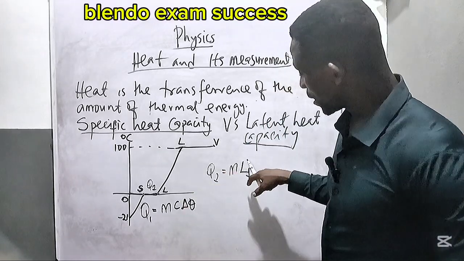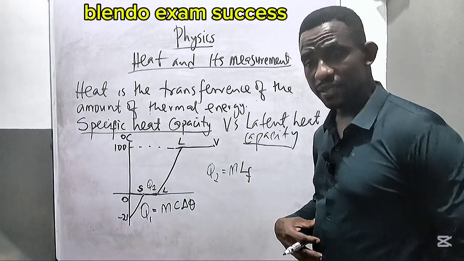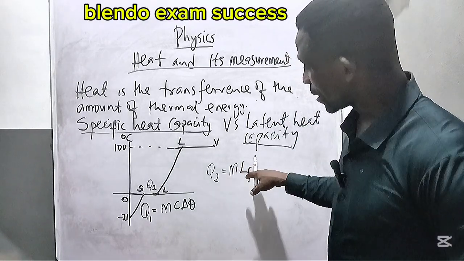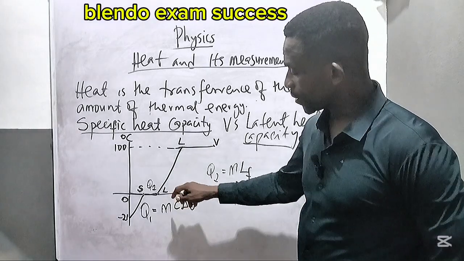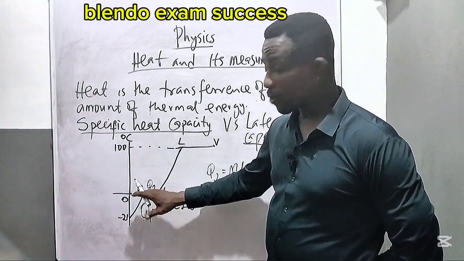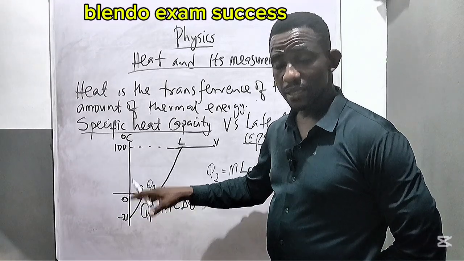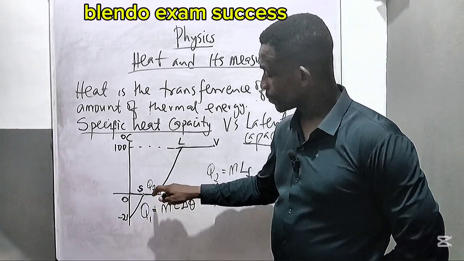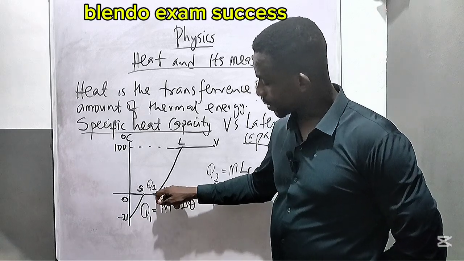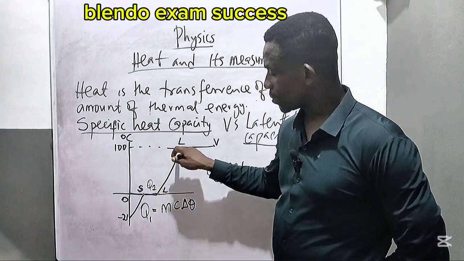So the latent heat of fusion is kind of hidden heat. It is the heat needed to break those bonds. That is latent heat. So at this point, the bonds are completely broken. The solid has turned to liquid. As you add heat further, the temperature will start rising from 0 to 100.